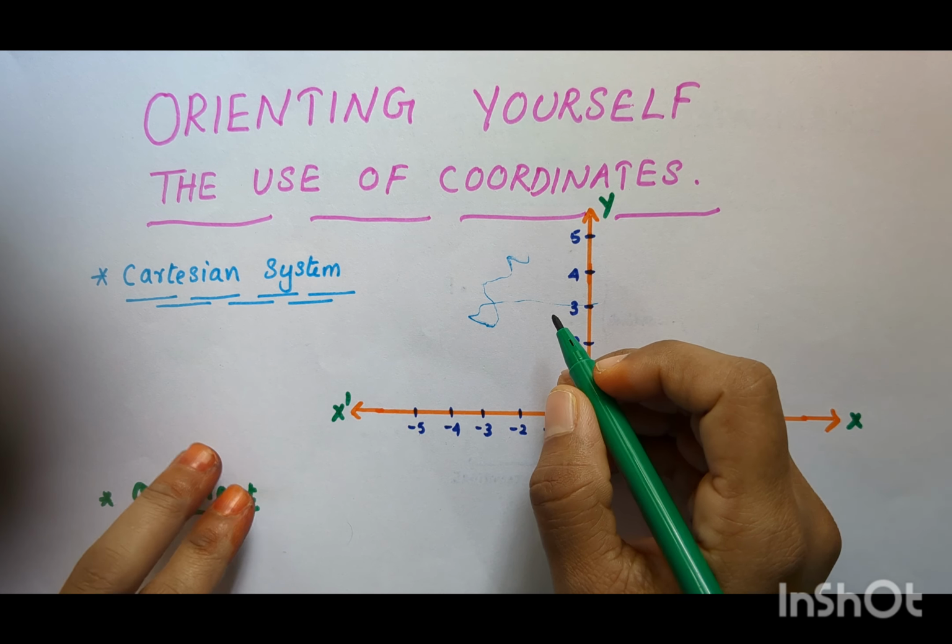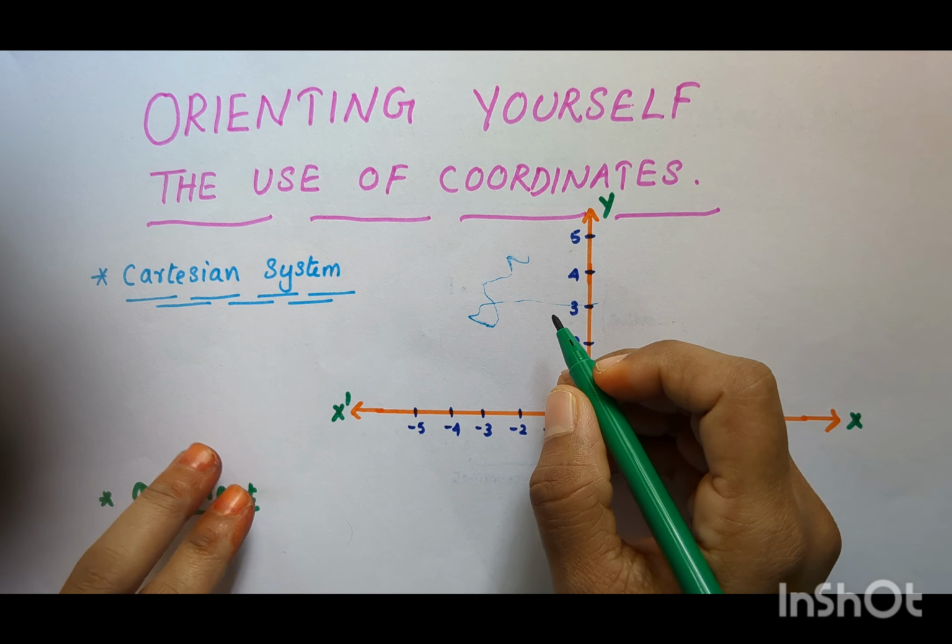What about the y value? Its y value means the perpendicular distance from the x-axis. The point itself is on the x-axis, so there is no perpendicular distance. So this coordinate will be 5, 0. If you consider a particular point here on the x-axis, its x value is -4. And what about the y value? It is on the x-axis, so the y value will be 0.